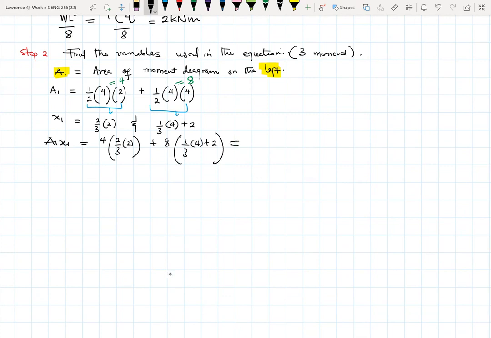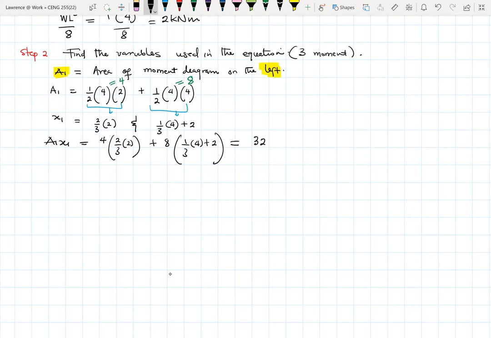So you don't sum all the A1s and then sum all the x1s before you multiply. No, it's called a moment. So the moment of each section, which is the load or the area, times their respective perpendicular distances, in this case, about a point of interest. So this will give us 32.